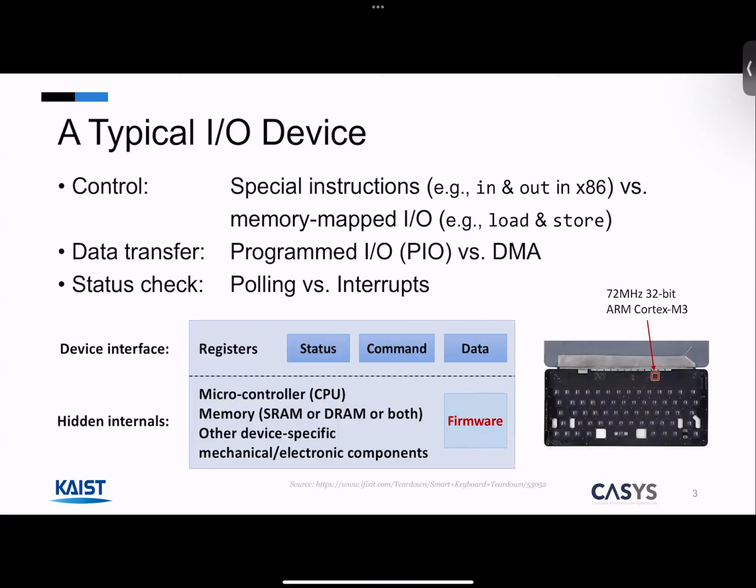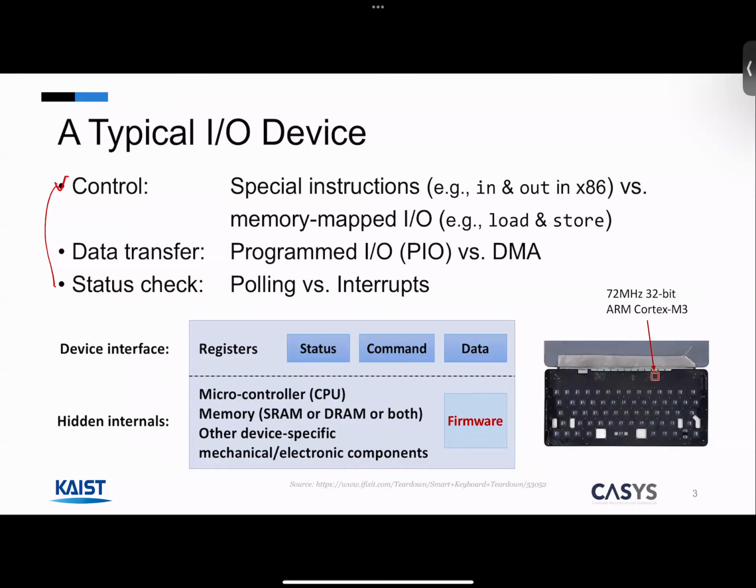So let's talk about the basics of how the operating system can control and transfer data to the I/O devices. A typical I/O device requires these operations: control commands, which can start or reinitialize or define some behavior of the I/O device using the control interface, and also data transfer.